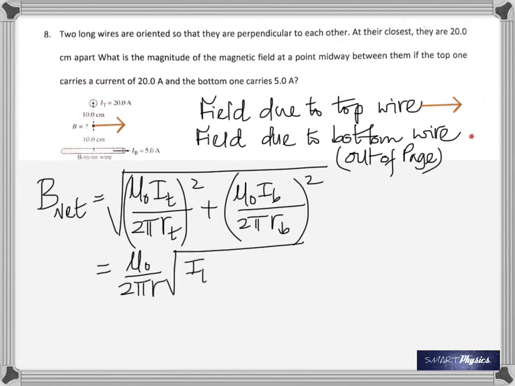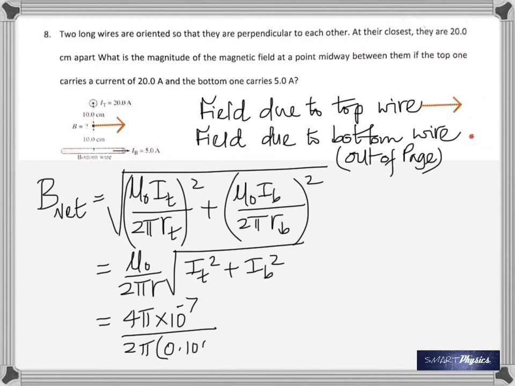I'm taking mu naught by 2 pi r outside because it's common, and it goes outside the square root. Mu naught is 4 pi times 10 to the negative 7, and then 2 pi times the distance. The distance is the same for both, of course, because this is the midpoint, right?